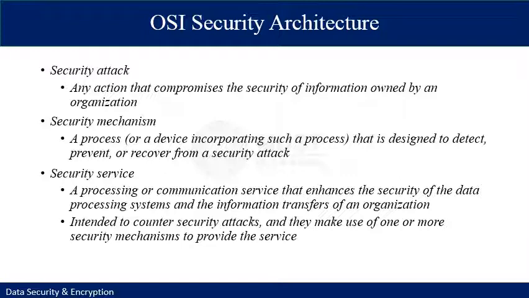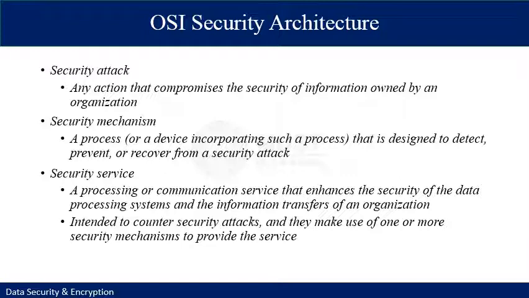However, it is very difficult to exactly analyze the whole requirements of any system. Still, you can take a few guidelines from OSI security architecture that will help you generate basic security mechanisms.